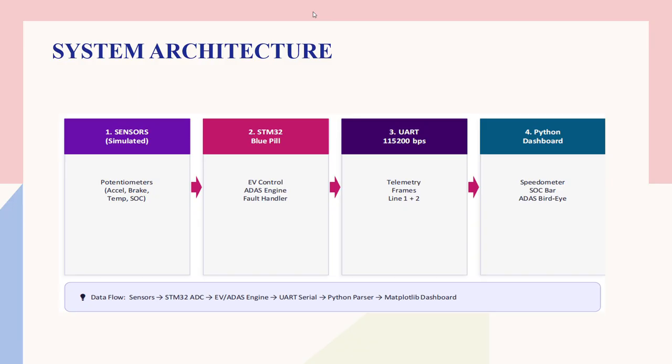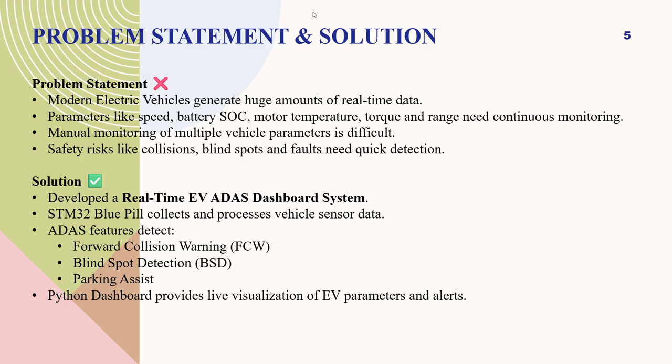Next, UART communication, where we use a baud rate of 115200 bps. Next, the Python dashboard, with speedometer, SOC bar, and dashboard.